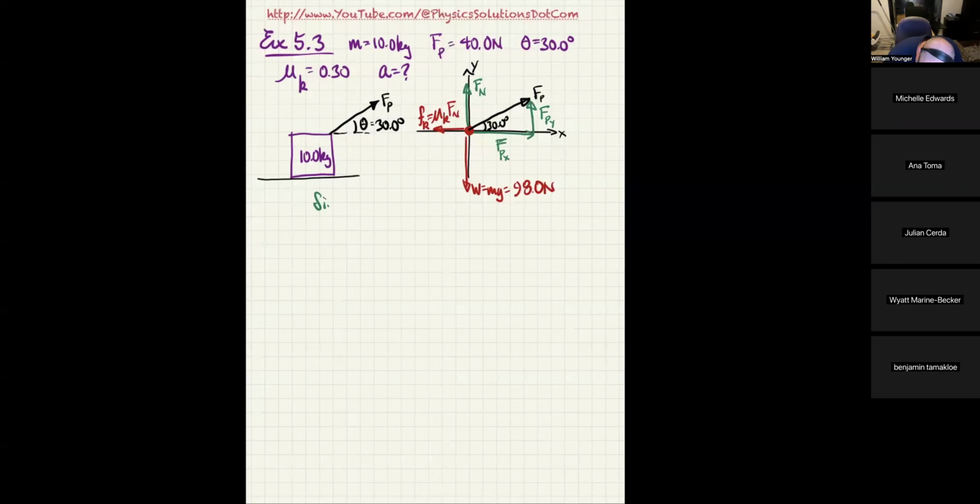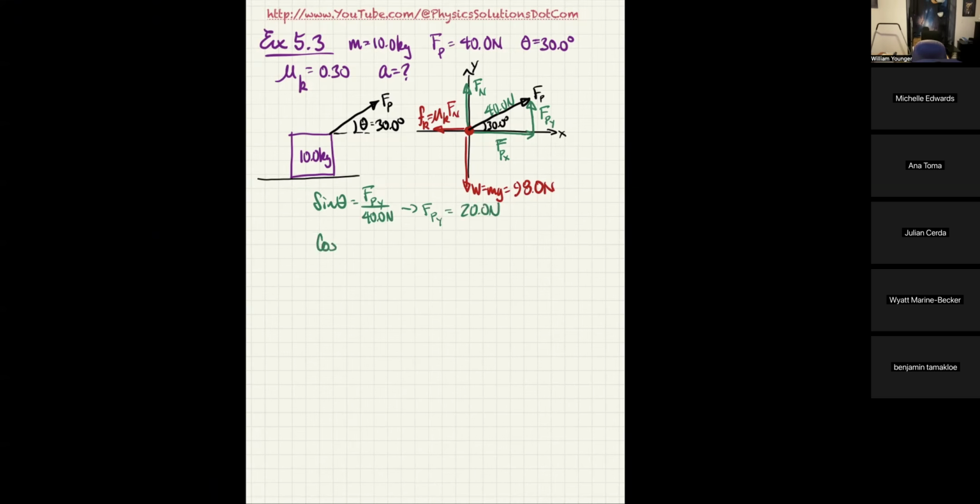Sine of theta, some old horse, sine equals opposite over hypotenuse. That's FPY over the hypotenuse, which is 40.0 newtons. That means FP sub Y should equal 40 times the sine of 30, and I think that turns out to be 20.